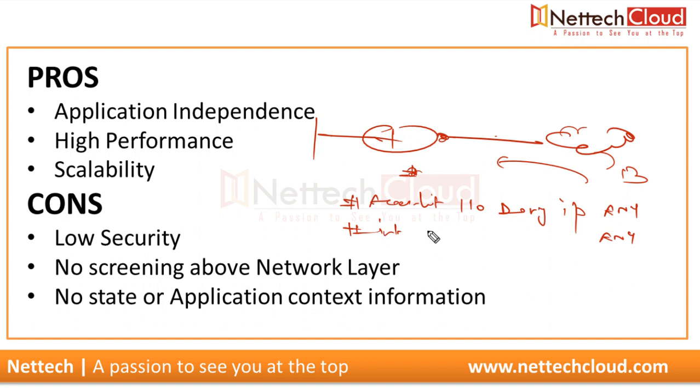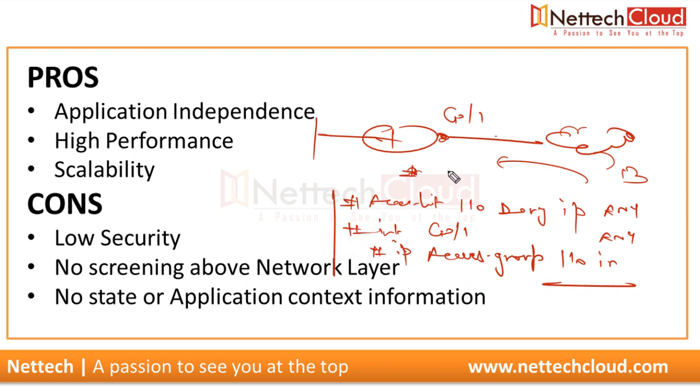Let us assume gig 0/1 is the interface that connects to the internet, and here ip access-group 110 inbound. It means there is an access control list associated with the external interface, and its purpose is to deny any traffic coming from the internet side.